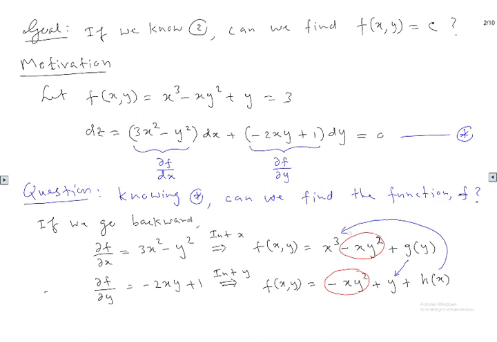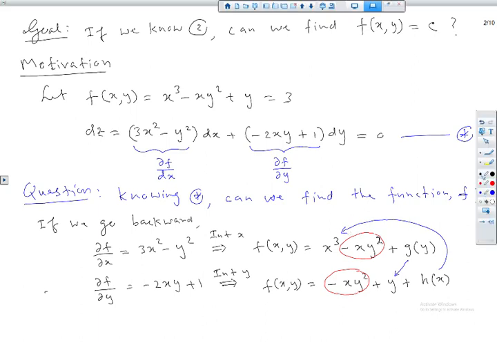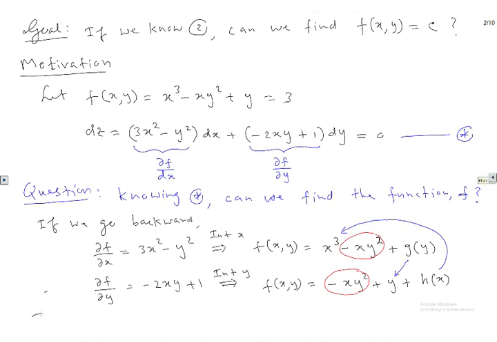So that suggests that f(x,y) equals, what we normally do is we write the common part once and the uncommon part once.